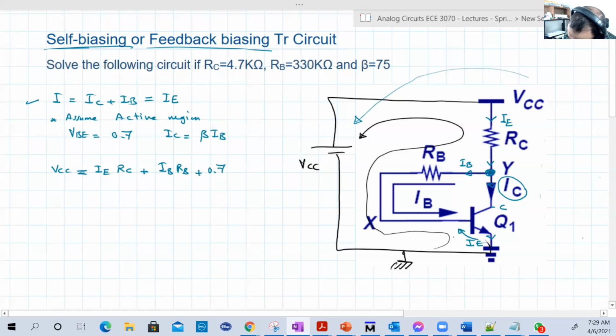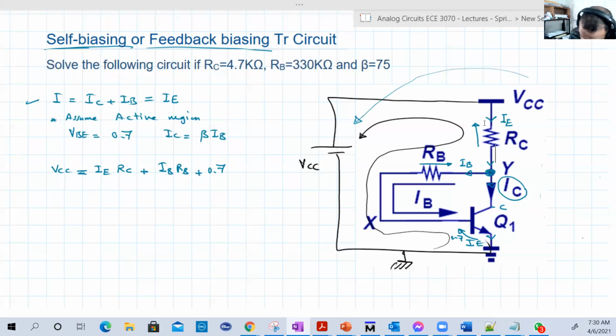So you have here the 0.7, and you have here a voltage, which is IBRB, and you have here a voltage IERC. So that's basically the voltages that you have in this loop.